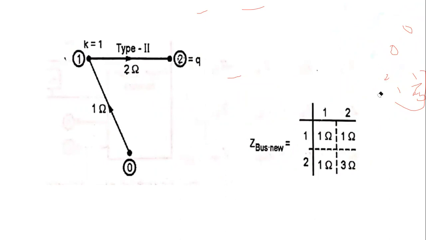Next, we are adding another element, that is the third element. How many steps are we obtaining? How many elements are there in the network? The number of steps obtained will be equal to the number of elements. Therefore, suppose the number of elements is n, then the number of steps in the formation of the Z bus matrix is also n.